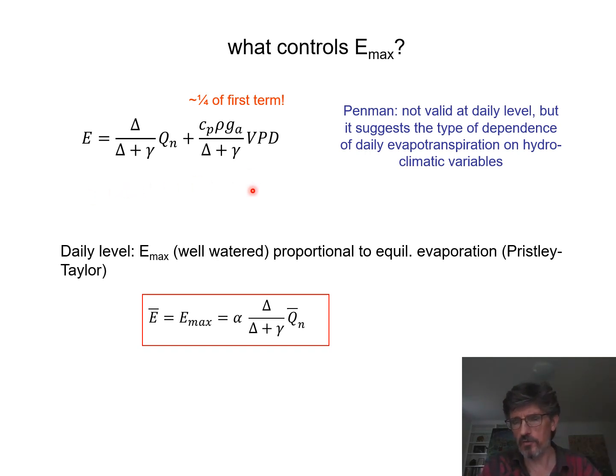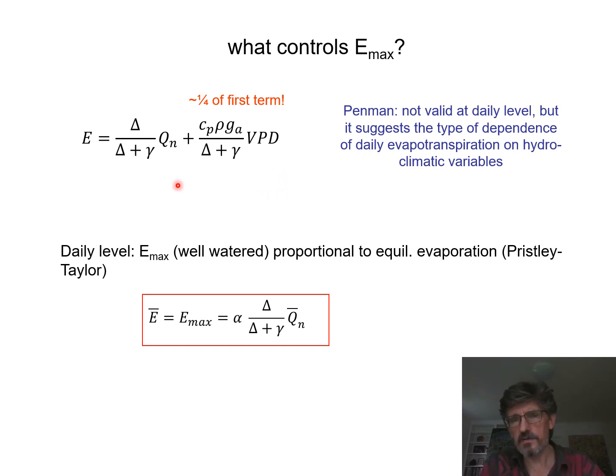This equation is valid not at the daily level, but at the scale where you have integrated just the turbulent fluctuations, so let's say every 15 or 20 minutes. It is separated into two components: one which is the potential evapotranspiration, and one which is related to the drying power of air, the VPD.